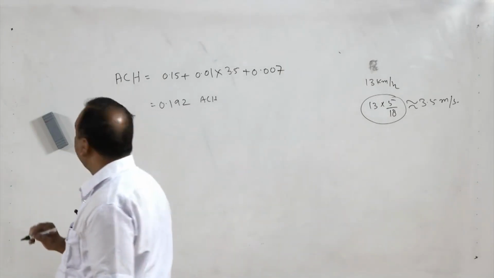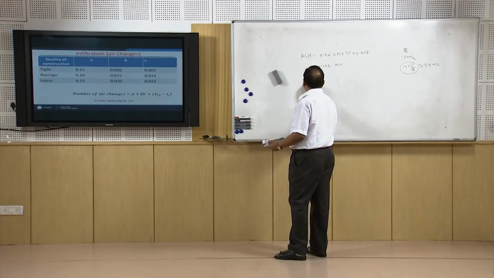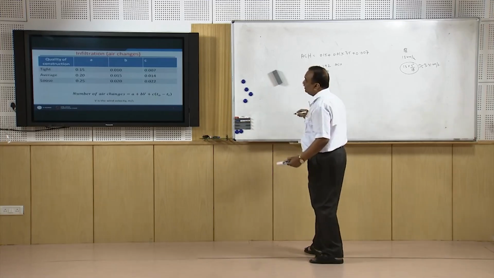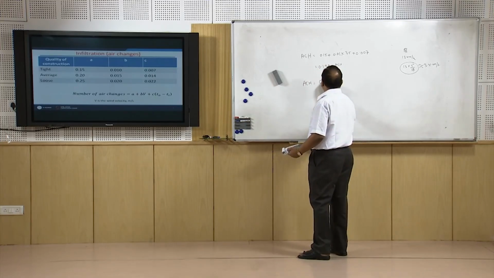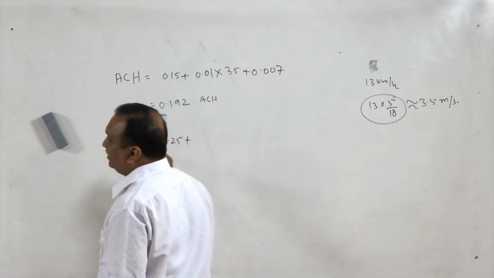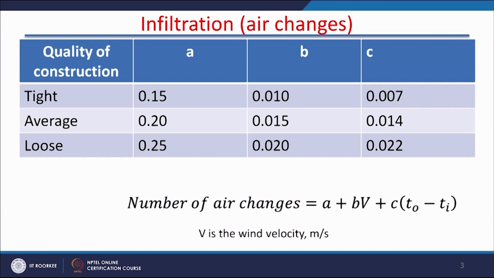Now if I take a loose building, the air changes per hour is going to be 0.25 plus 0.02 multiplied by 3.5, the air velocity, plus 0.022.